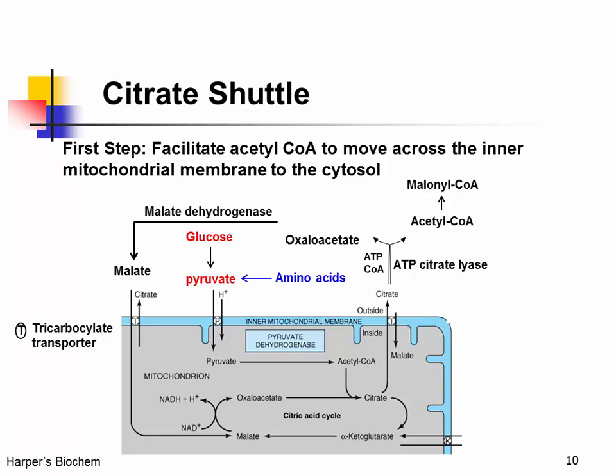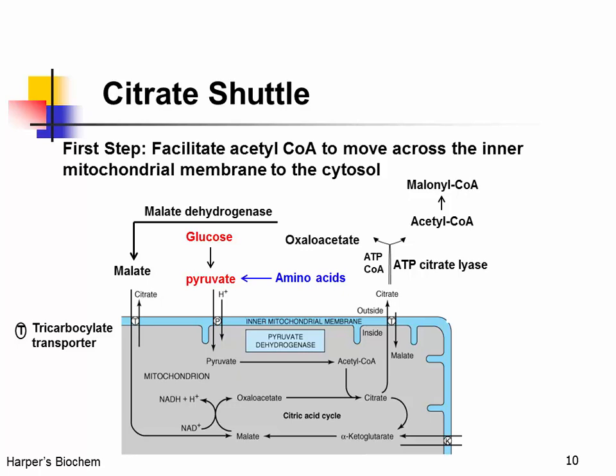Yeah, TCA cycle. I mean in which cellular compartment? Pyruvate enters mitochondria and is converted to acetyl-CoA, remember? Acetyl-CoA enters the TCA cycle. Yes, mitochondria. So acetyl-CoA is made in the mitochondria, right? But it's needed for fatty acid synthesis in the cytosol.